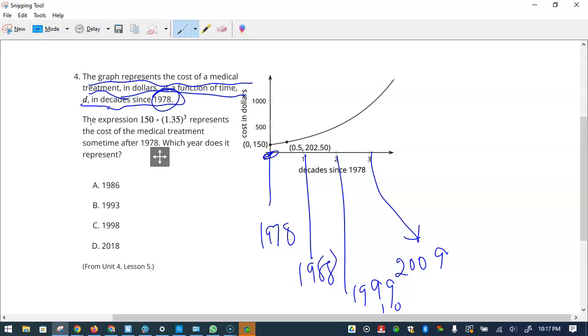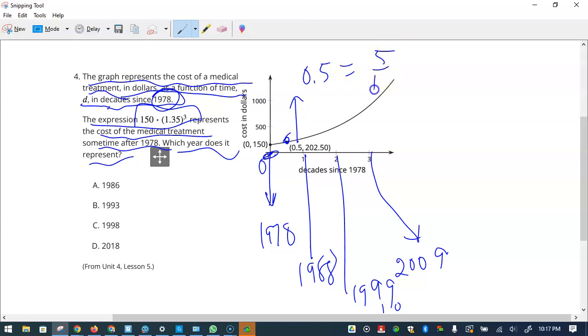Now the question asks: this expression represents the cost of the medical treatment sometime after 1978. This 0 means 1978. Which year does it represent? So what do you think this point is? Now this point has a 0.5. That means it's 5 out of 10.